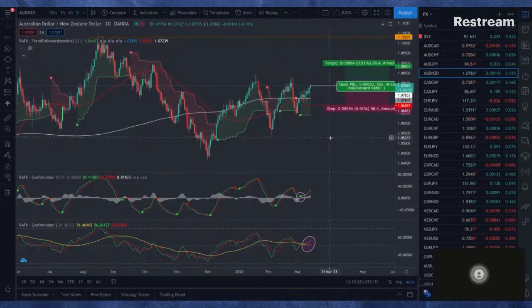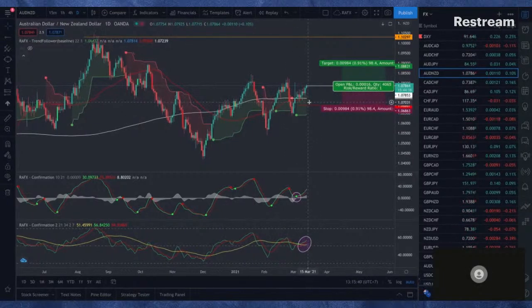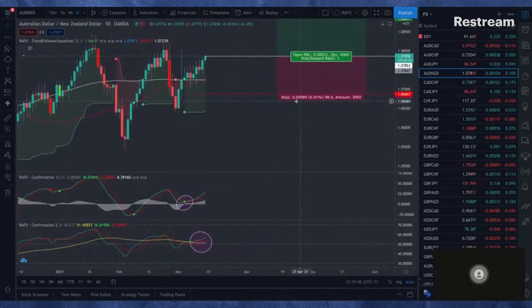There's a probability that it will continue because we have the baseline here now and the price is above the 200, and also the 50 baseline already crossed the 200 baseline, and you see that long signal there, the green dot.